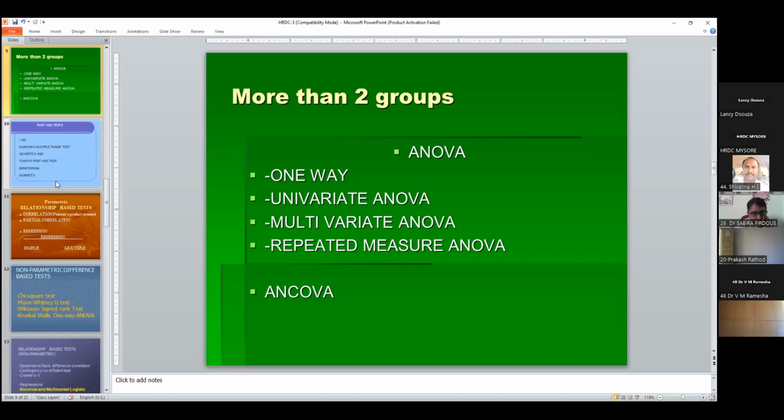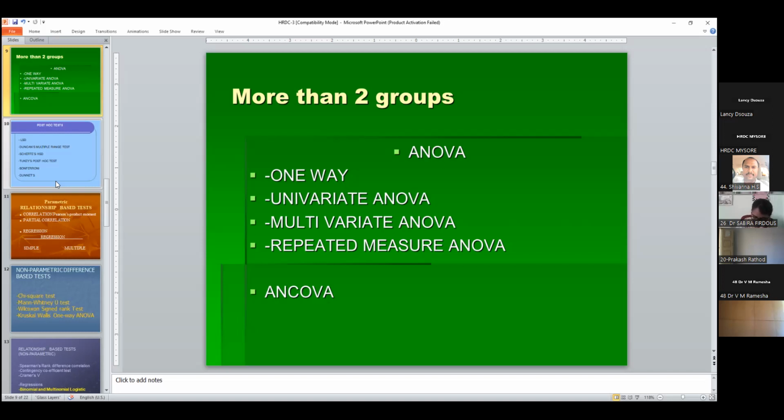The advantage is you can avoid multiple t-tests. Suppose you have 3 groups A, B, C. If you go by t-test, you have to do 3 t-tests: A to B, A to C, and B to C. This can be avoided by performing a simple one-way ANOVA. How to do it? We'll do it in the subsequent session.